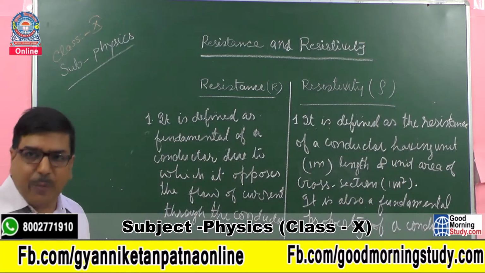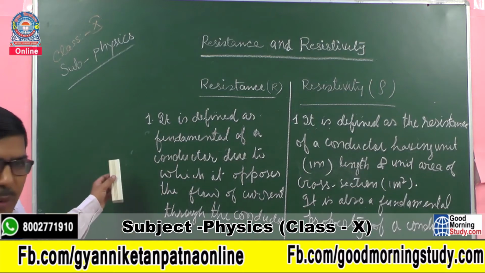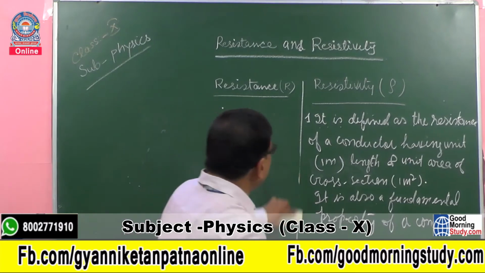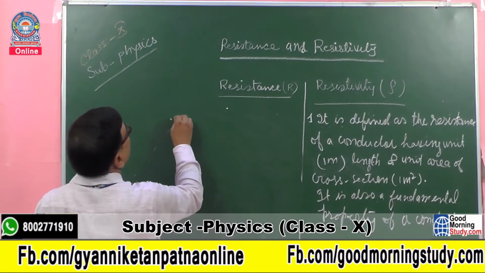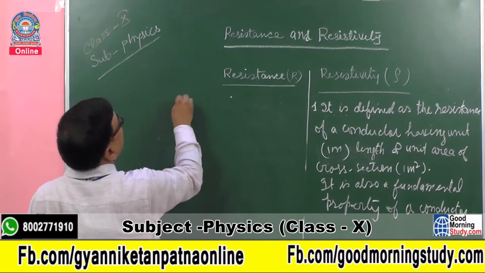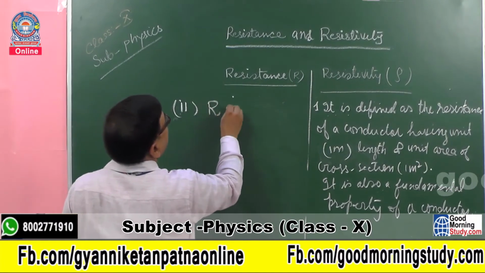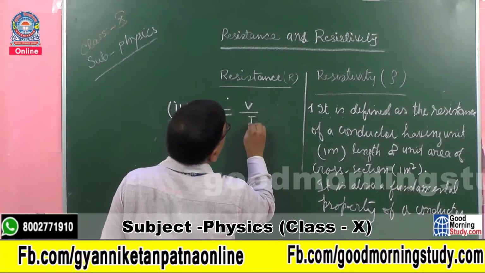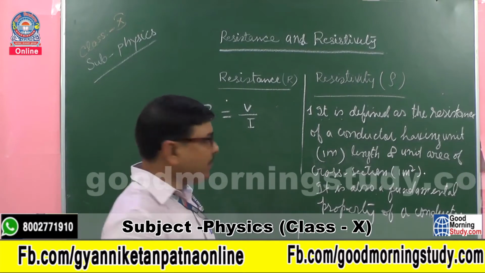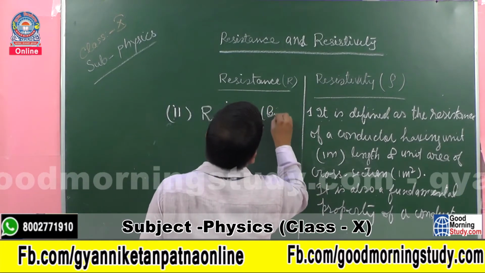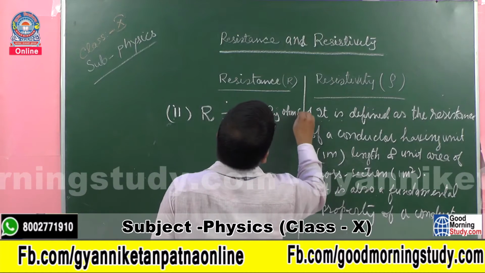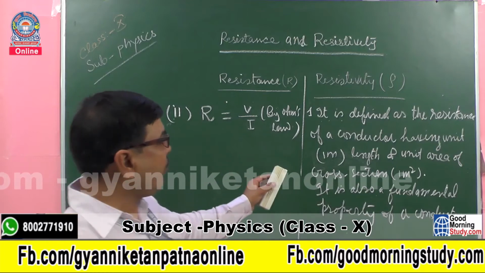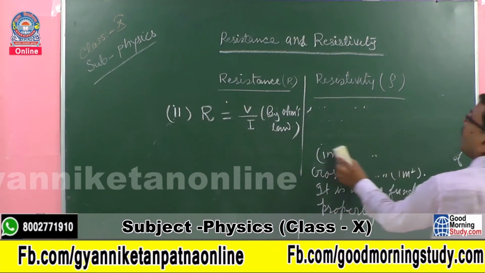Now, the second point we will discuss. I am going to rub this. Now, the second point is R is equal to the ratio V and I by Ohm's law. Okay? What is the formula of this?